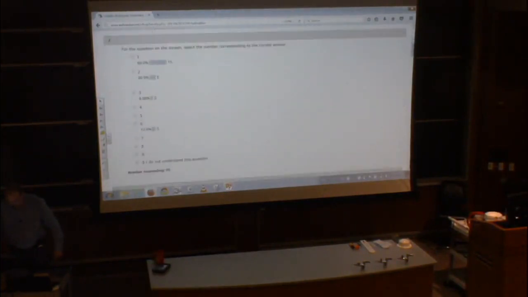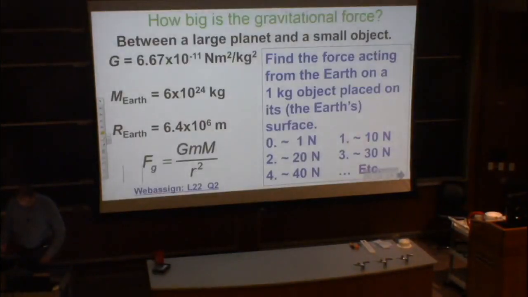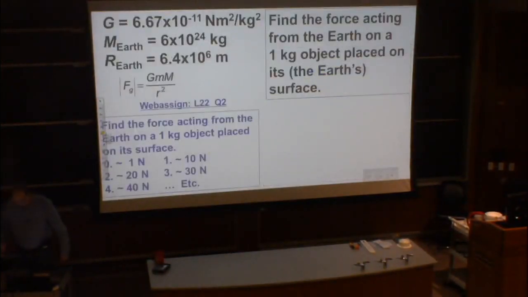Well, we've got a distribution, and there are different ways to calculate that force.